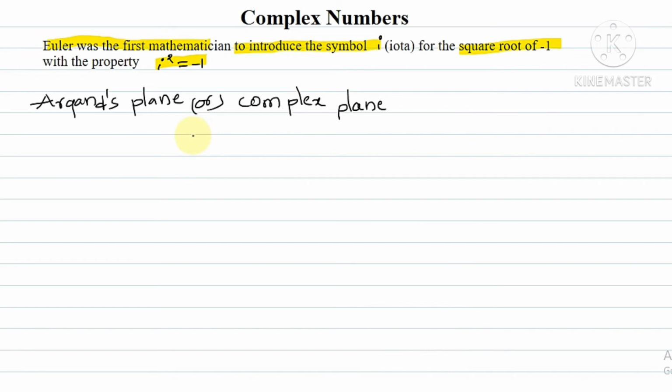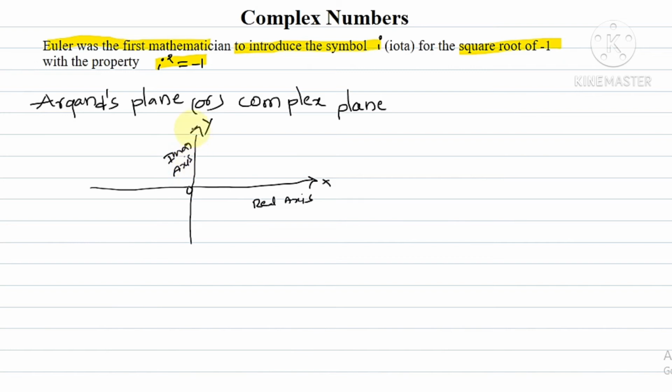Okay, so we should take two-dimensional geometry. I am taking the xy plane. This is x-axis, this is y-axis, which is origin O. So in this, x-axis is called real axis, and this is called imaginary axis.